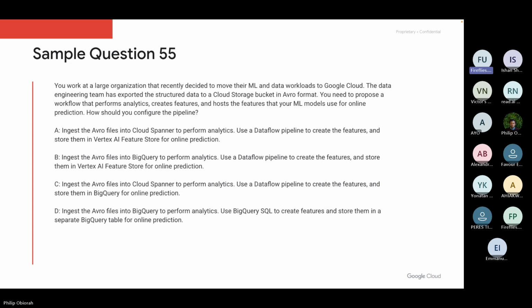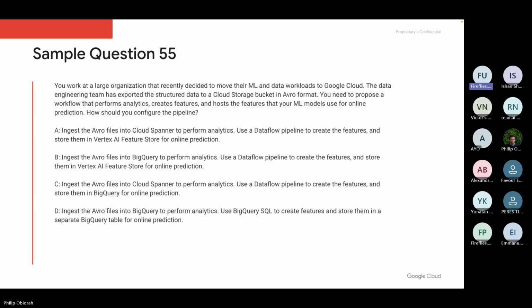Okay, now there are two decision points here. You want to perform analytics on data and online prediction. Analytics, the keyword here is analytics. Do you use BigQuery or Spanner?